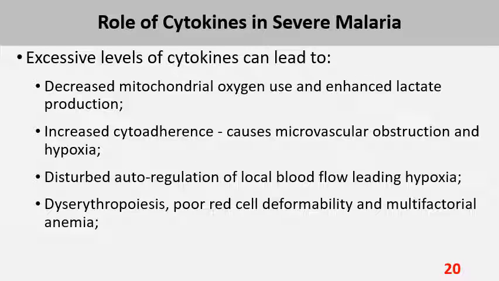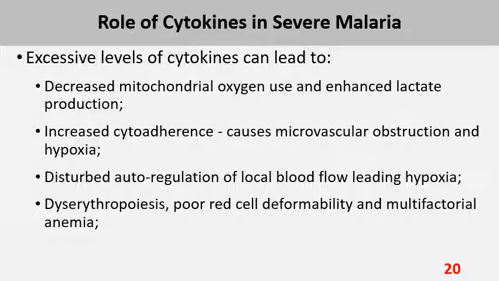Now, the role of cytokine in severe malaria: it is known that excessive level of cytokines leads to decreased mitochondrial oxygen use and enhanced lactate production. It also increases cytoadherence, that is the ability of the red cell to get stuck to the wall of the microvessels. And it also disturbs autoregulation of blood flow, leading to hypoxia of distant tissue.